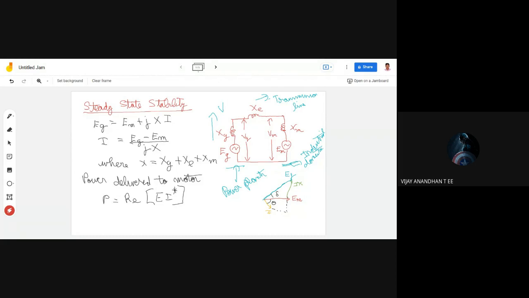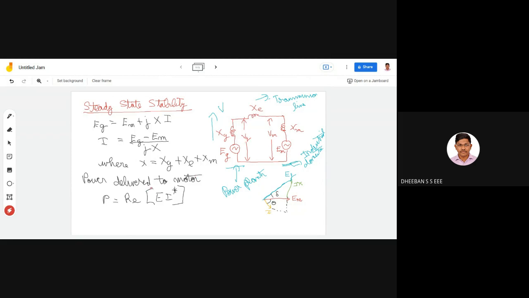So with EM, we are just calculating the phasor difference between the generated voltage and the voltage drop across the motor. That's your del, that's this angle. If you still have any doubt, you can refer to the power circle diagram of the synchronous generator, which you might have studied in electrical machines too. Yes, sir. Okay.